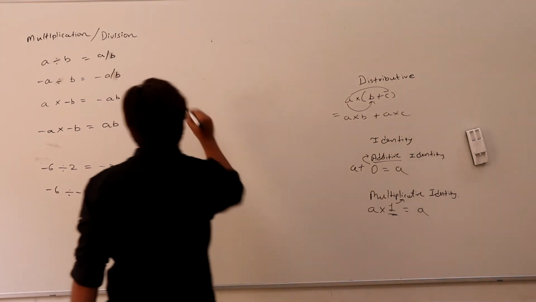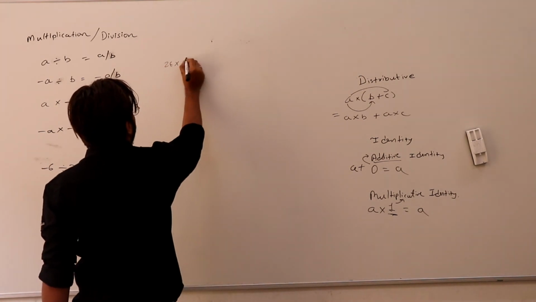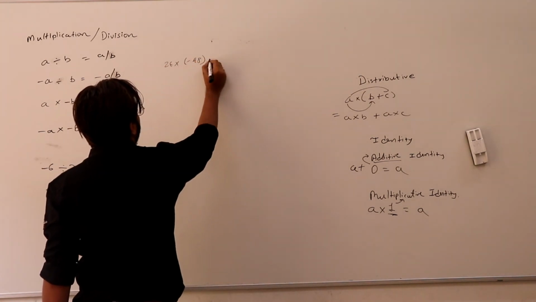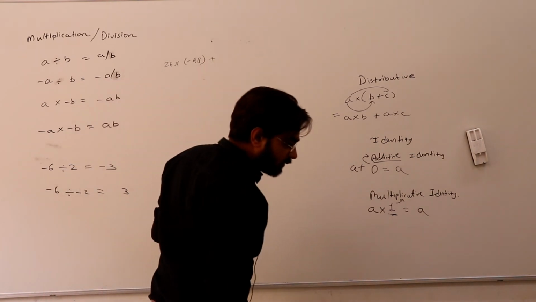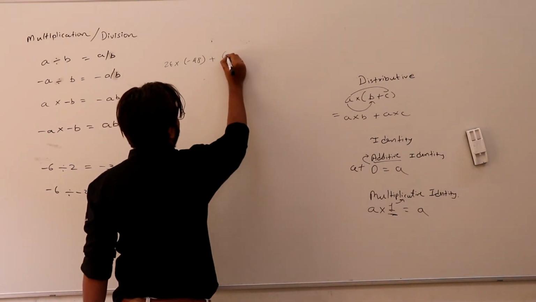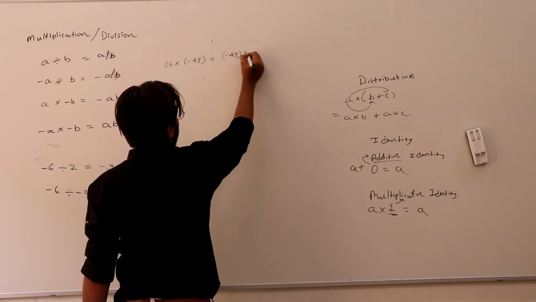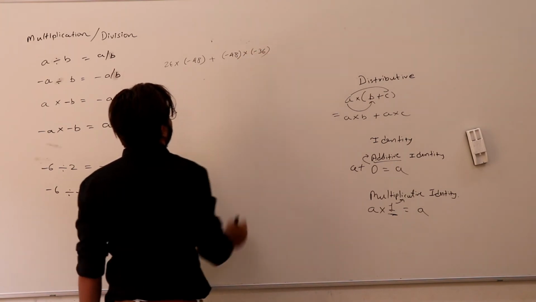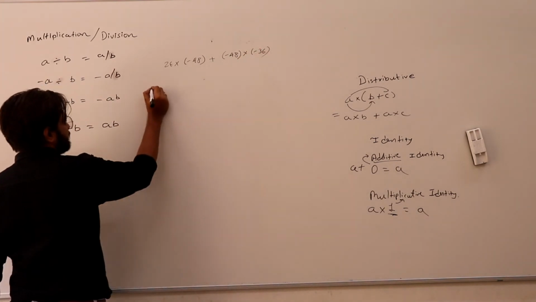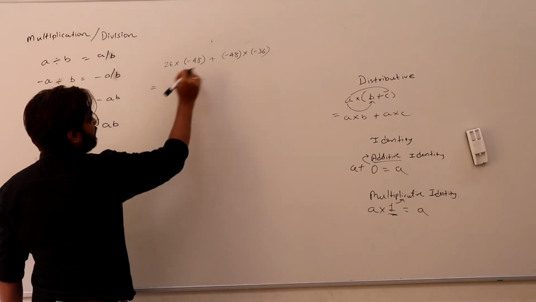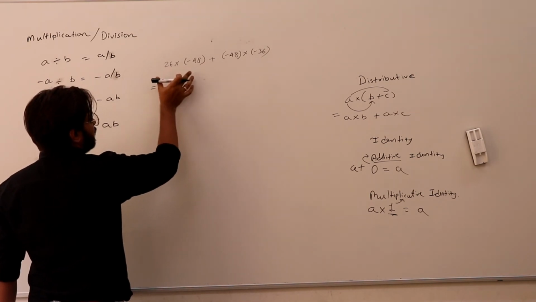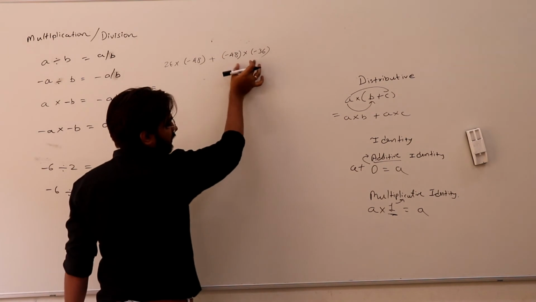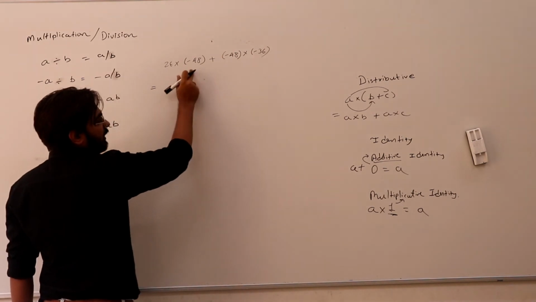Okay. Question is 26 multiplied by minus 48 plus minus 48 multiplied by minus 36. Now let us check which number is common in both the terms. This is one term, this is another term. Which number is common? Minus 48.